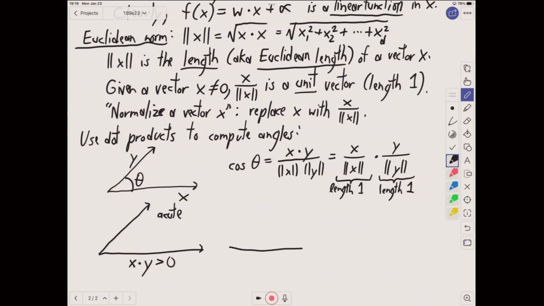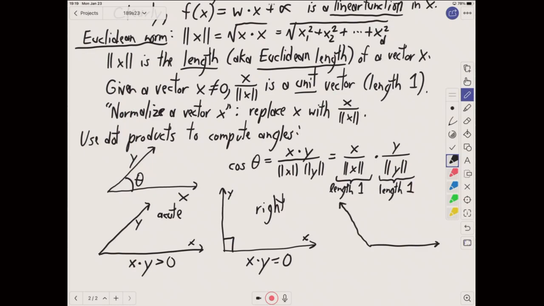And a right angle, if I can draw one, is characterized by the fact that the inner product is 0. And an obtuse angle is characterized by a negative inner product. Obtuse meaning the angle is greater than 90 degrees.